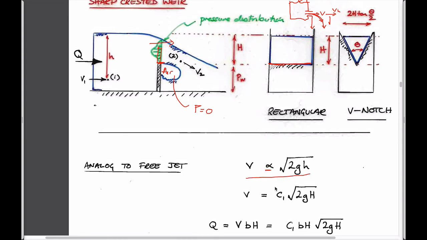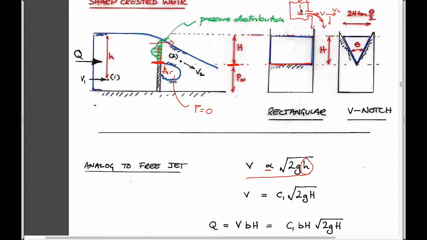And if it becomes proportional to the free jet, we know that what's driving the free jet, since the pressure here is 0, is that instead of taking the upstream pressure as our gauge, we can typically take this downstream height as our gauge elevation.